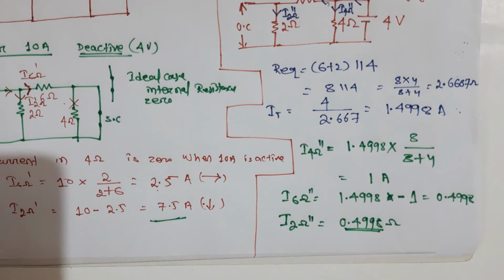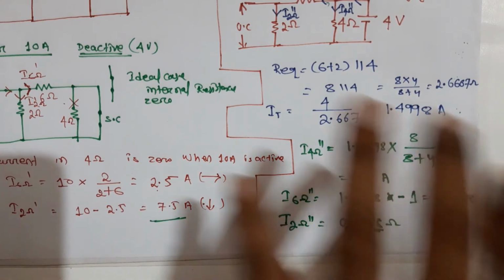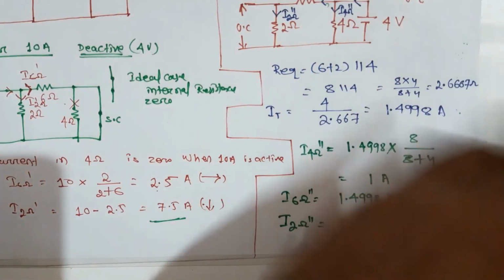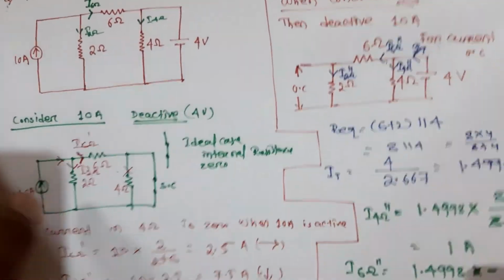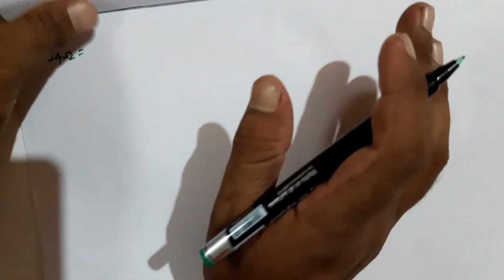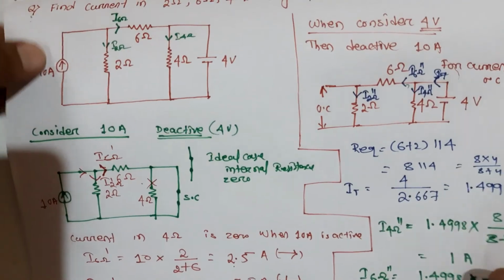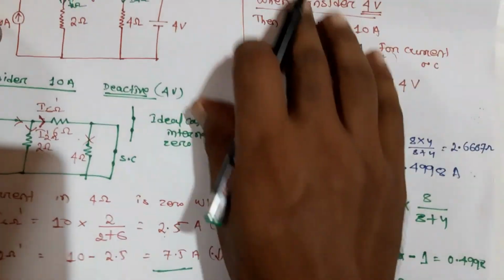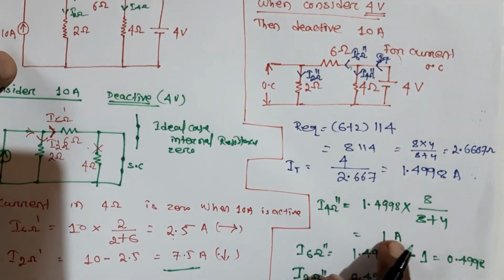Here these are the currents from the individual sources, but we need to find the actual circuit current. Then we take the algebraic sum of the result when we consider the 10 ampere source and the result when we consider the 4 volt source. The current I in 4 ohm: in the first case, when we consider the 10 ampere source, the current in 4 ohm is 0, but in this case the current in 4 ohm is 1 ampere.